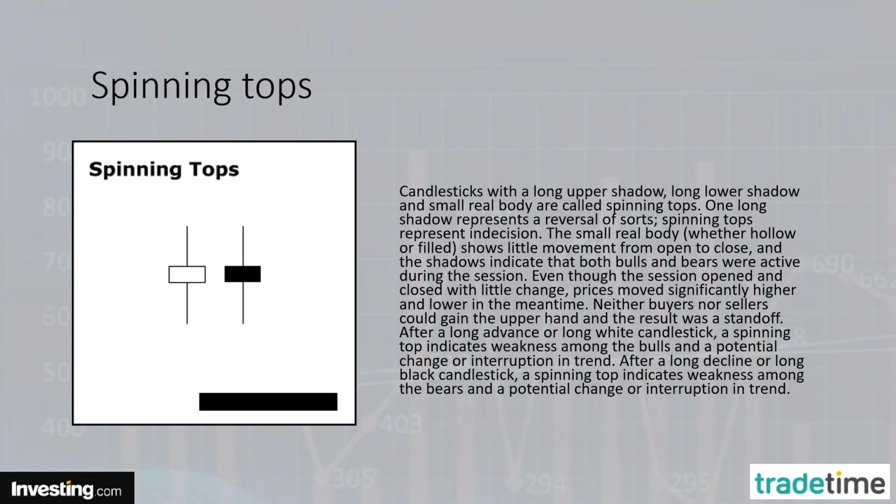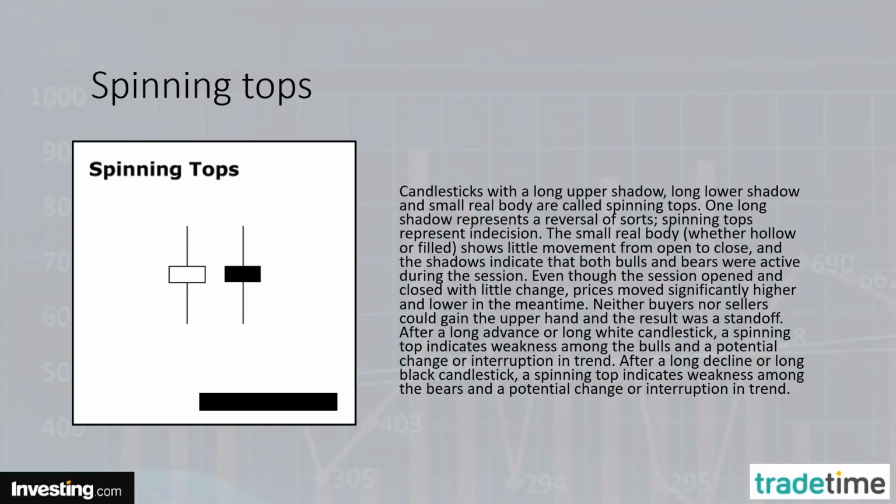Then we come to a little confusing one, because this one looks very much like the patterns number 3, 4, 5, and 6 over there. But when we have indecisiveness in the market, and we have an open and close pretty much the same, and we have a sizable upper wick and lower wick, or equidistant upper and lower wicks, that's called a spinning top.